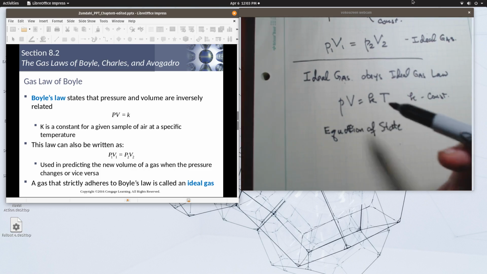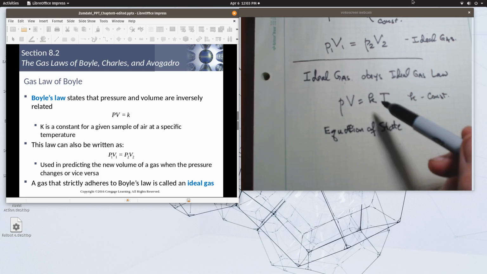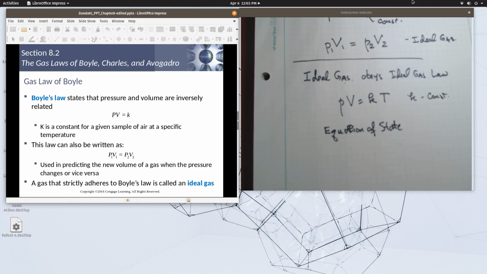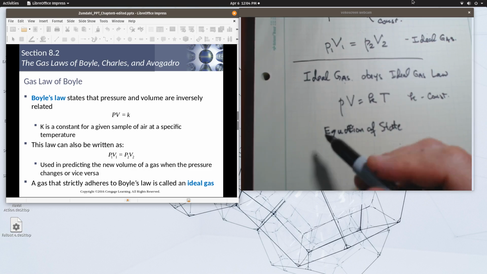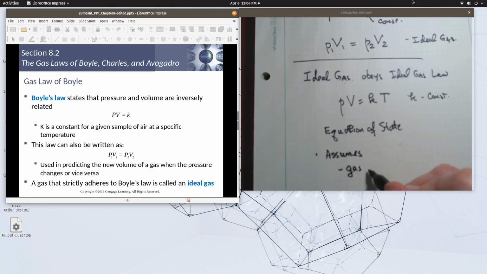And the equation of state depends upon the interactions that go into this, and it's very predictive. It says what the pressure and volume of a gas is at a given temperature. But the ideal gas is important because it assumes the following: that the gas molecules, gas atoms, occupy no space.